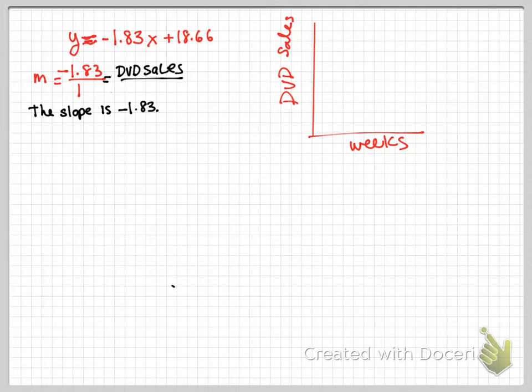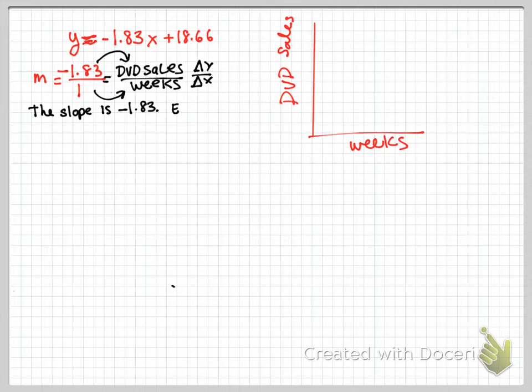The x? Weeks. Okay, so tell me what that means. Now that we've tied our change in y over our change in x, what does this mean? Everyone. In words, go, Noah.